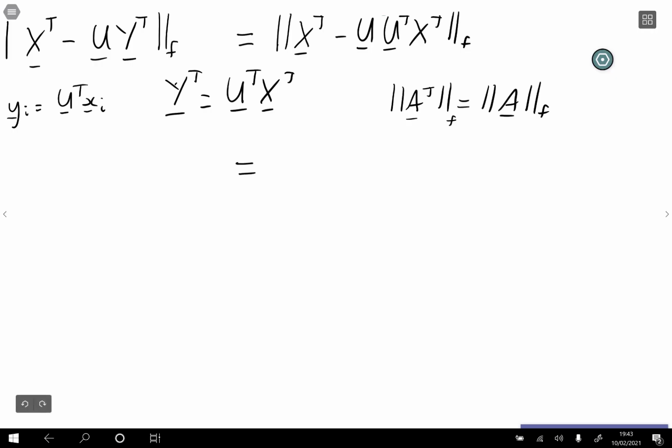The first thing to note is that the Frobenius norm isn't changed by transposing a matrix. So the Frobenius norm of A is the same as the Frobenius norm of A transposed. So let's transpose everything here, I'm going to make the maths a bit nicer. So this is the same as the Frobenius norm of X minus, now if we transpose this, we swap the order, so this is going to be X U U transposed.